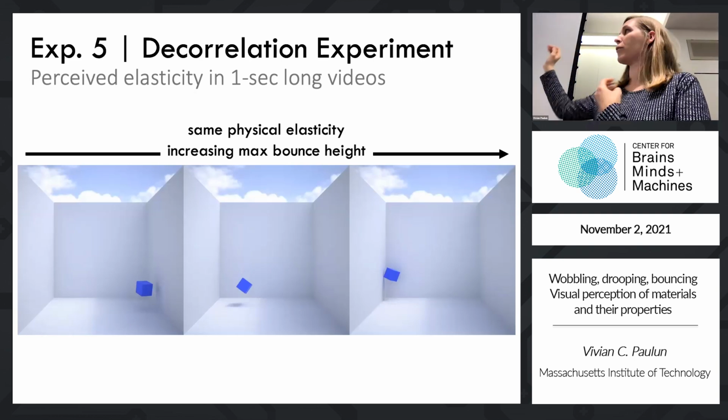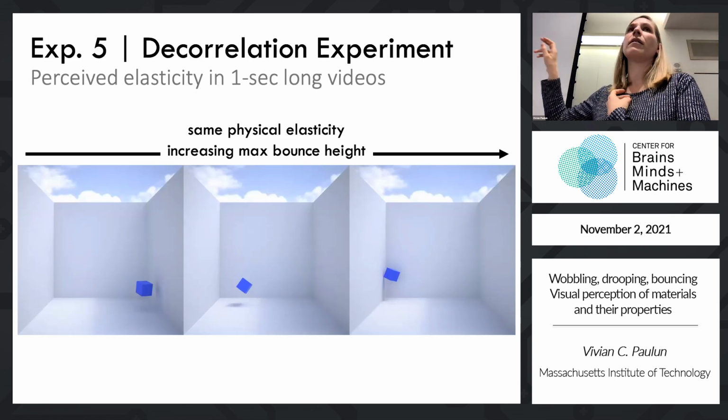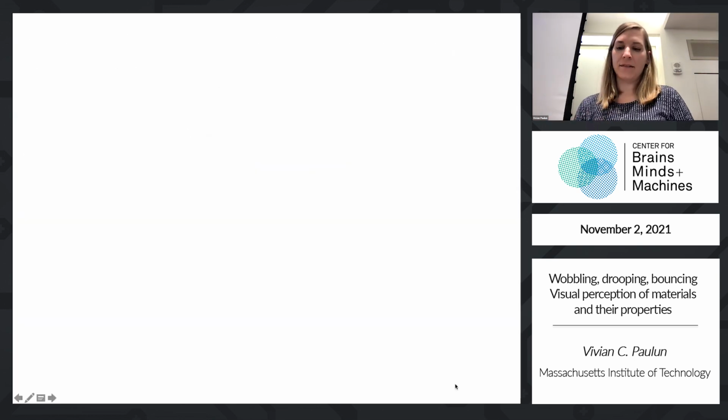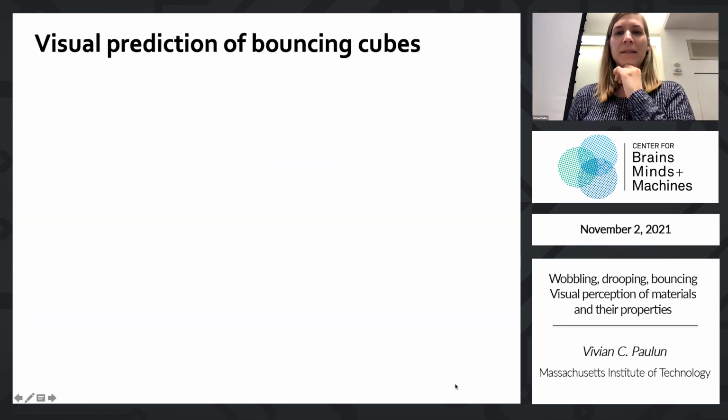That's why I picked 3 here. And it might be that in these 3, there are also other features that could explain your percept. But in the experiment, we controlled this better, I would say. But yeah. Let's jump back to the visual prediction task.